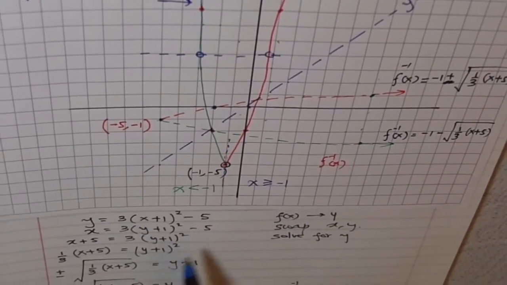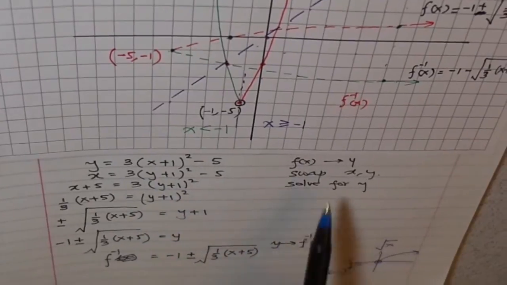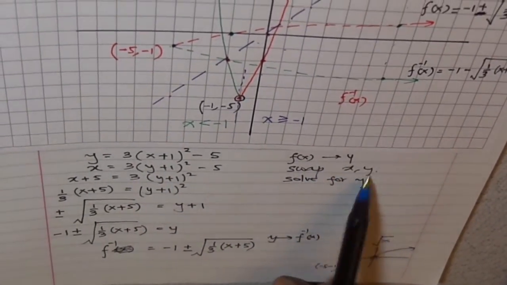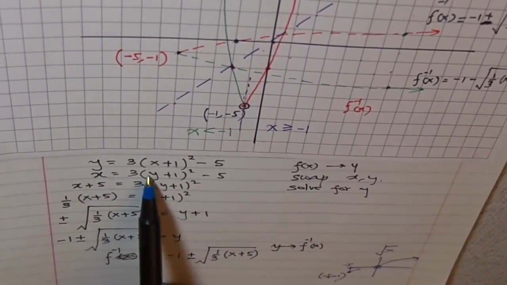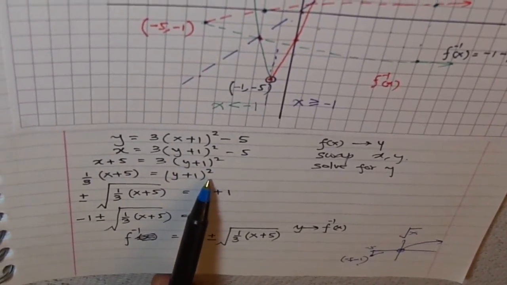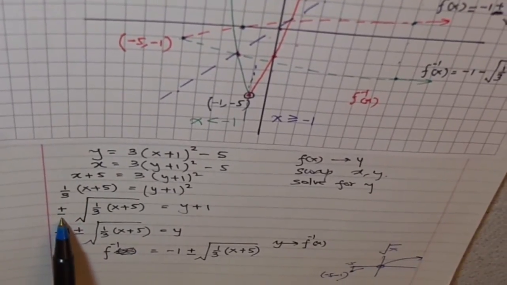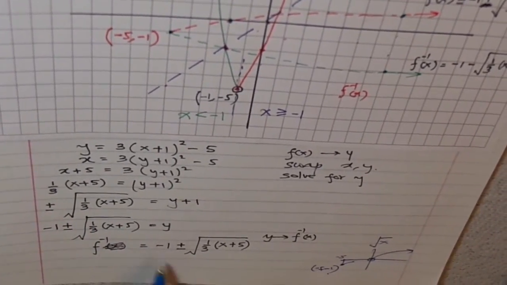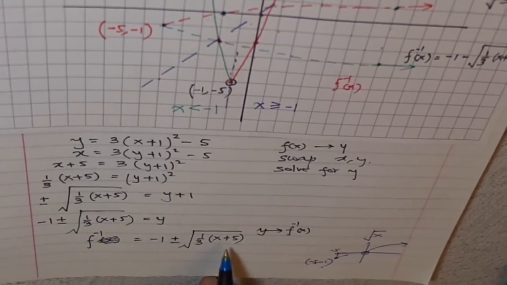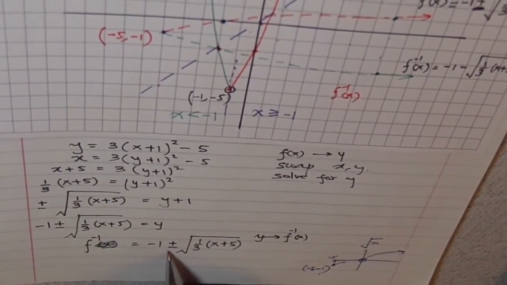Algebraically, inverse of the function is calculated following the standard steps. Replace f(x) with y, swap x and y, and then solve for y, correct? Remember, whenever you are doing square root from square, then take plus and minus sign. So we got inverse of the function, which of course is not a function since we have two values.